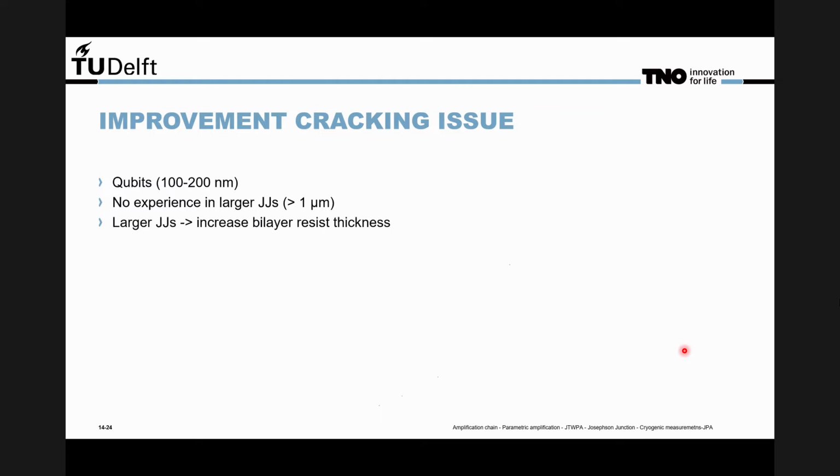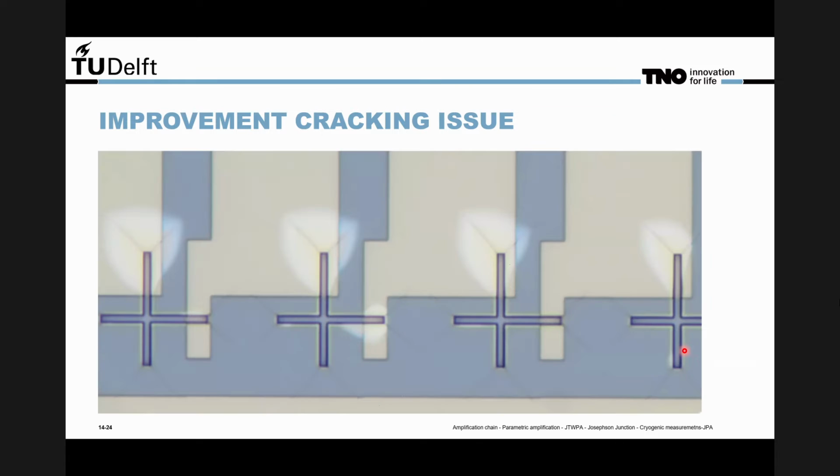And we did this by using a thicker B resist layer. However, using the standard recipe for the thicker resist layer caused some problems. So yeah, these crack formations here next to the exposed areas.